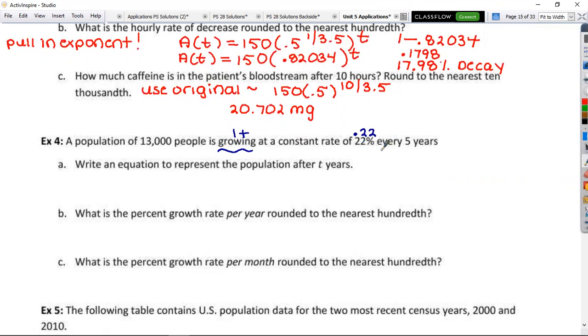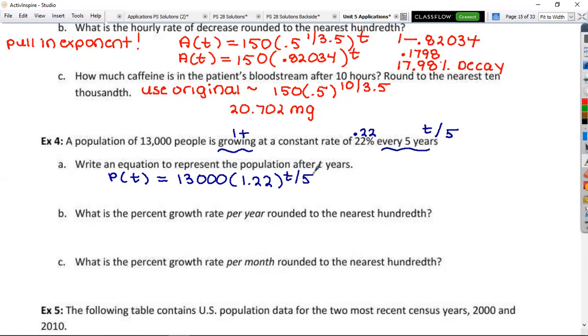Every 5 years indicates my exponent is t divided by 5. Write an equation to represent this. Population, I'm just going to go P of t instead. You don't have to, it doesn't make a difference, but in case. So this is 13,000, and then this is 1.22 raised to the t divided by 5.